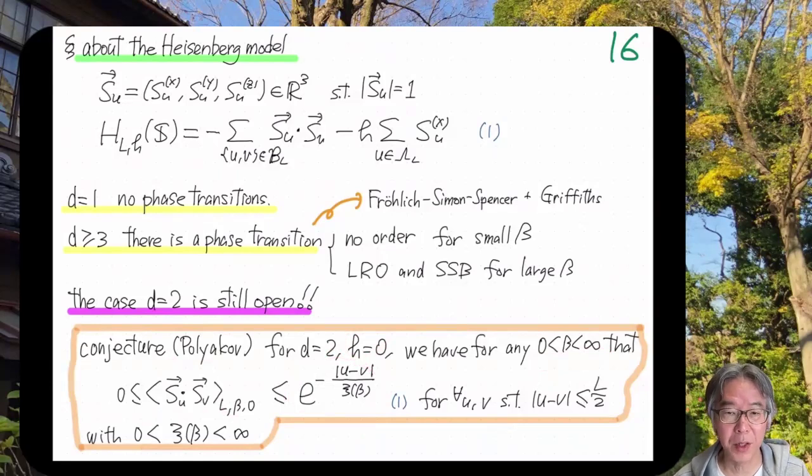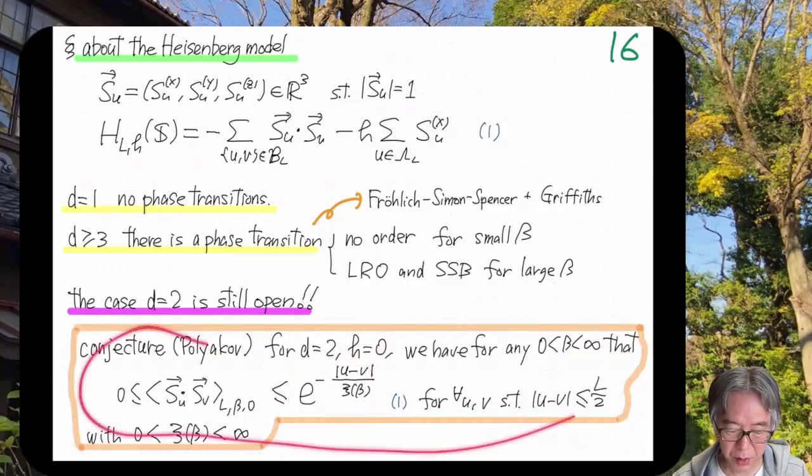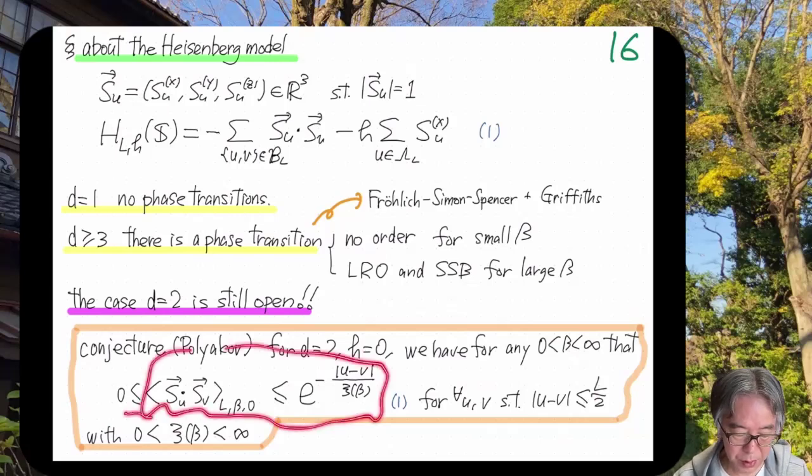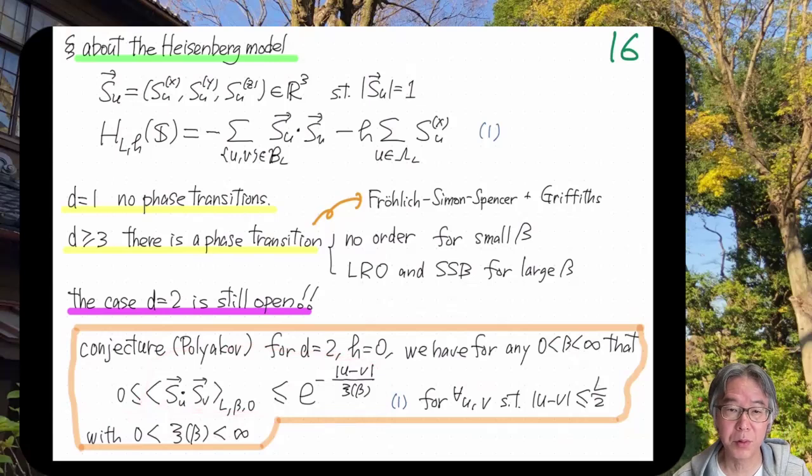I know many people who tried to prove this conjecture, but nobody succeeded. Sometimes people ask if this is really true. This is still a conjecture and we don't know. This is a very simple model with a long history, but it is still a big open problem.